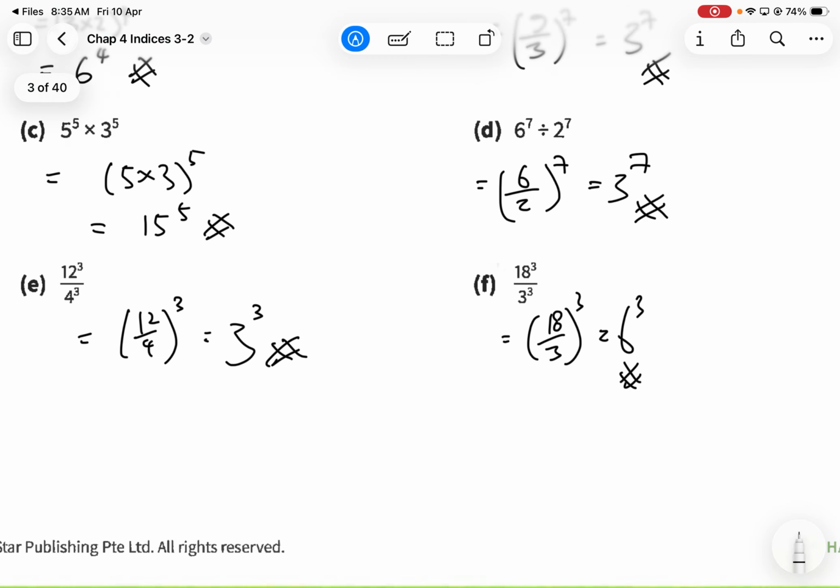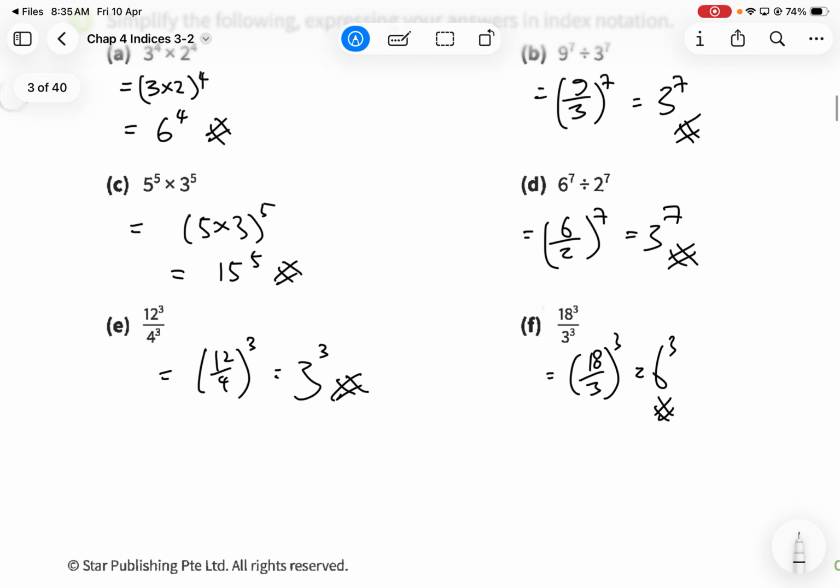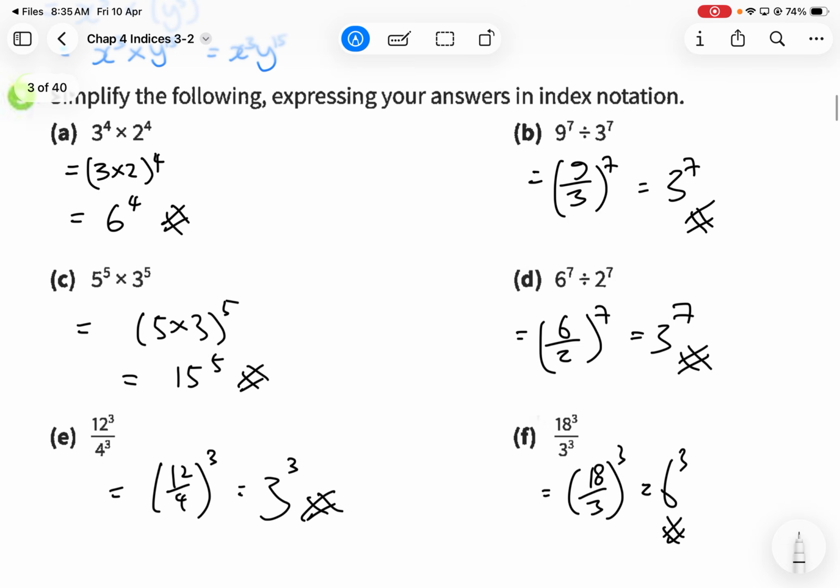Okay, can? So indices are actually not so difficult. Can? Permission to move on. Okay.